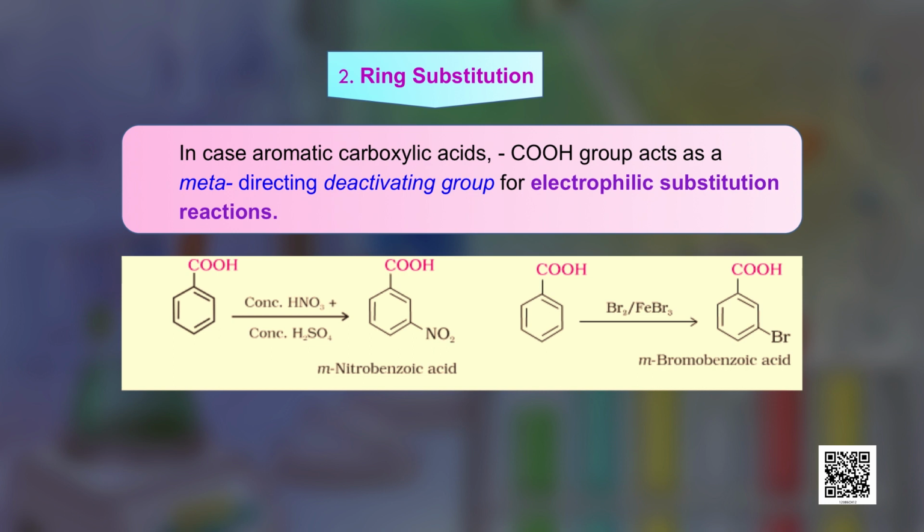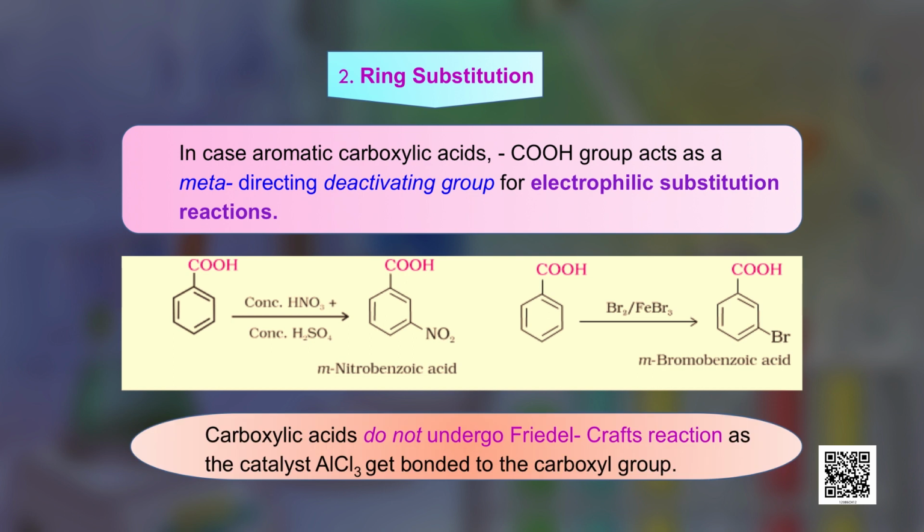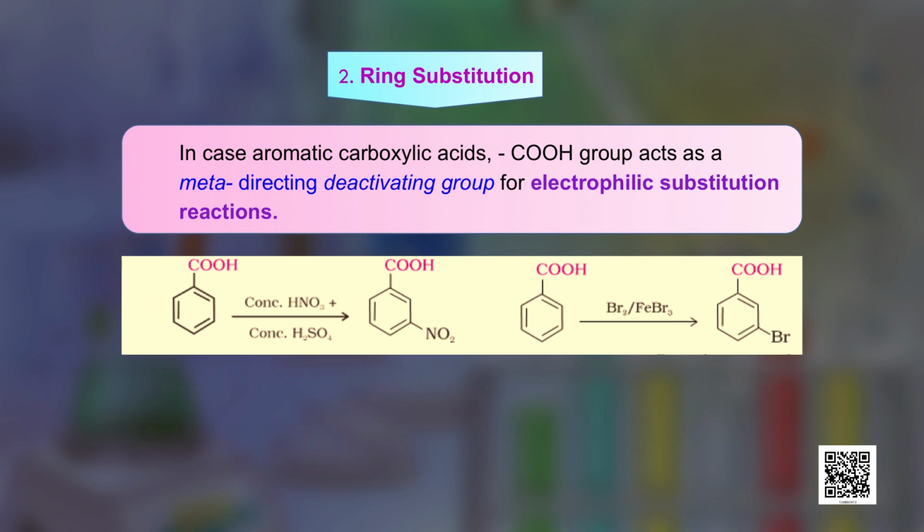You can see here two reactions, one is nitration, the other is bromination, and we are getting meta-bromo or meta-nitro products when we start with benzoic acid. But carboxylic acids do not undergo Friedel-Crafts reaction, as the catalyst aluminum chloride gets bonded to the carboxyl group.